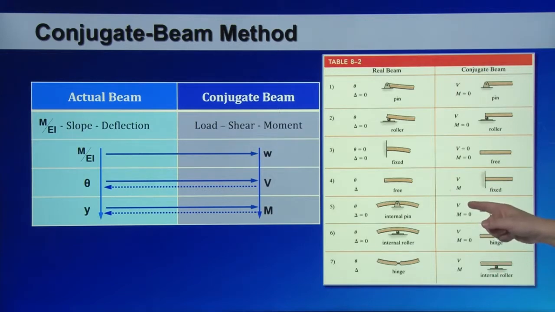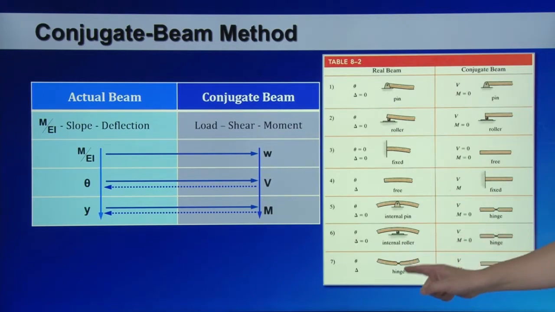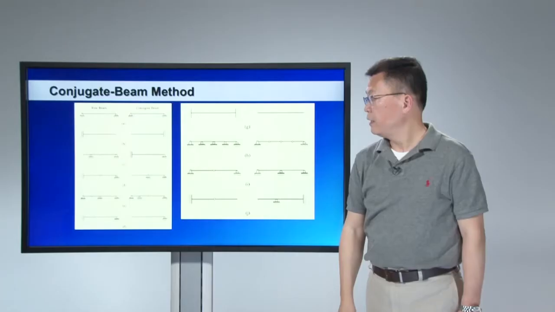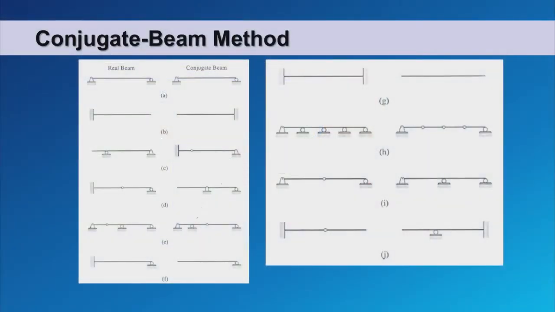So shear force is not equal to 0, bending moment equals 0, which corresponds to an internal hinge. If you have an internal roller, again, it's an internal hinge. If you have an internal hinge, it's actually converted to an internal roller. And here are some examples of real beam and conjugate beam pairs.